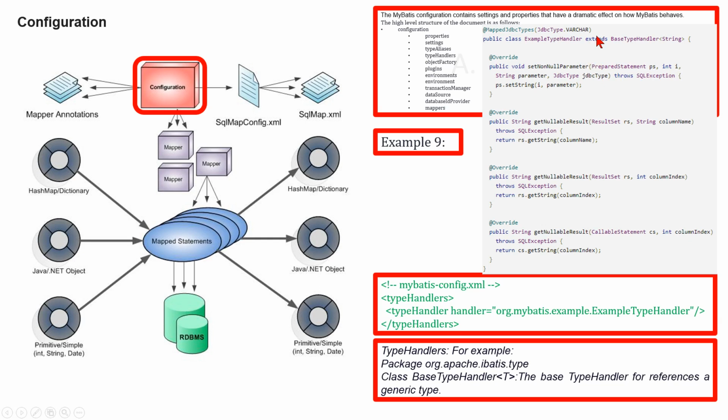To do this, implement the interface org.apache.ibatis.type.TypeHandler, or extend the convenience class org.apache.ibatis.type.BaseTypeHandler, and optionally map it to a JDBC type, for example here.